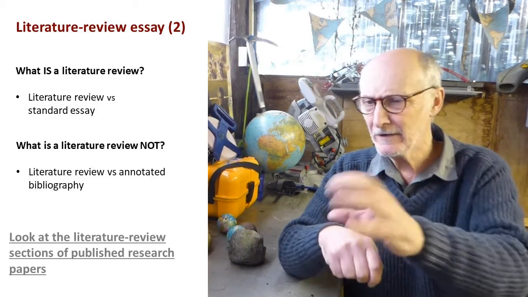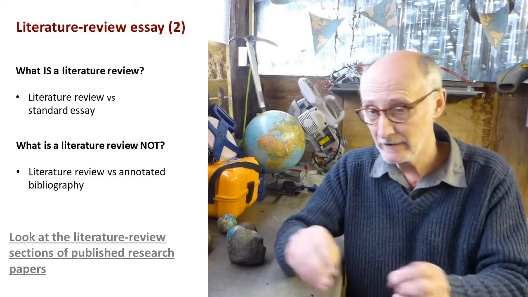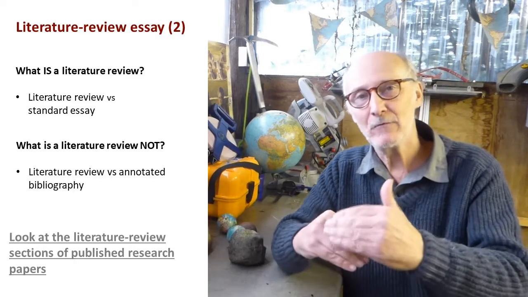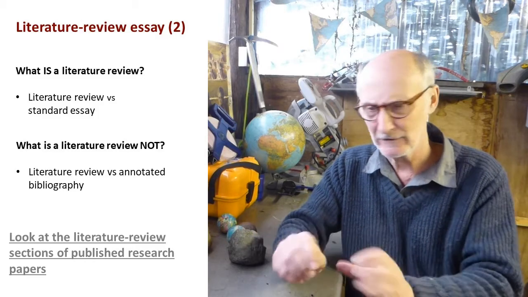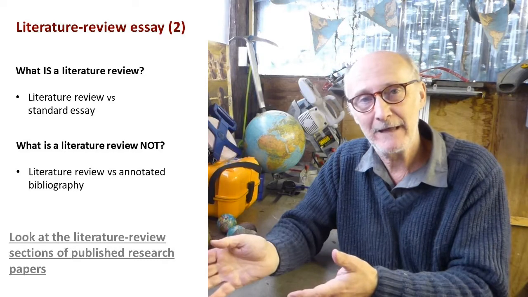People say, we went and did this research. The reason we did this research is because previously someone had done that and they found this, and someone else wrote a book about that and they said this. Other people did this work and they published this paper that said that. Therefore, we're now going to do this and find something out. And that bit where they're saying these previous people did this and found that is the literature review within their paper.